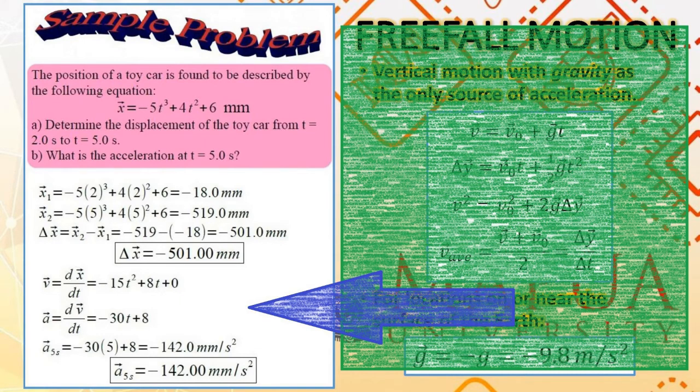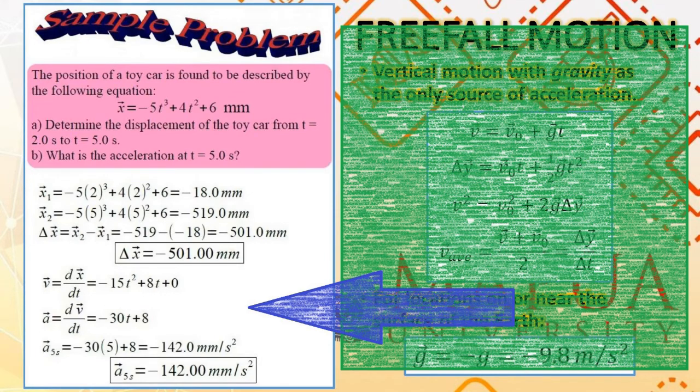a is equal to dv over dt. If we differentiate the equation of v, we get the equation for a. So differentiating the equation for v with respect to time, we get negative 30t plus 8.